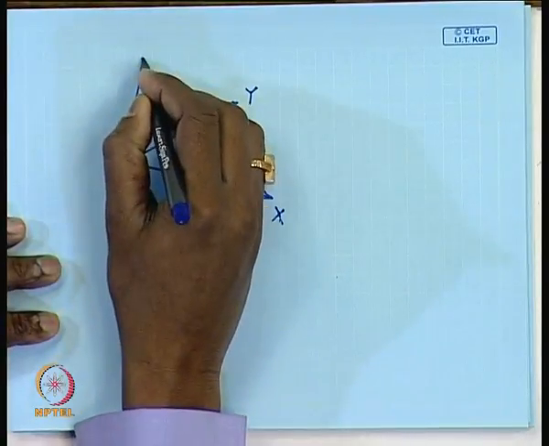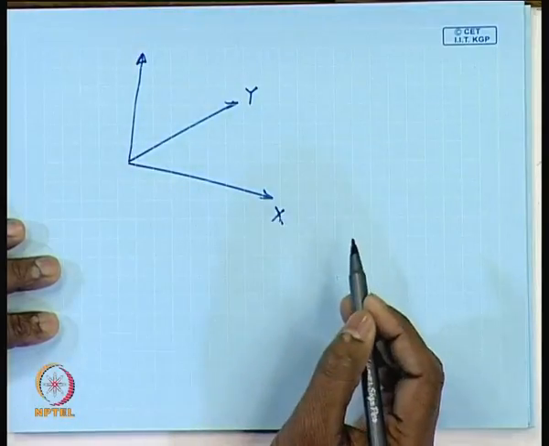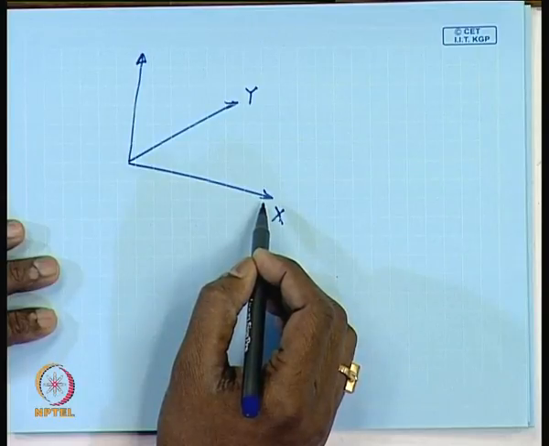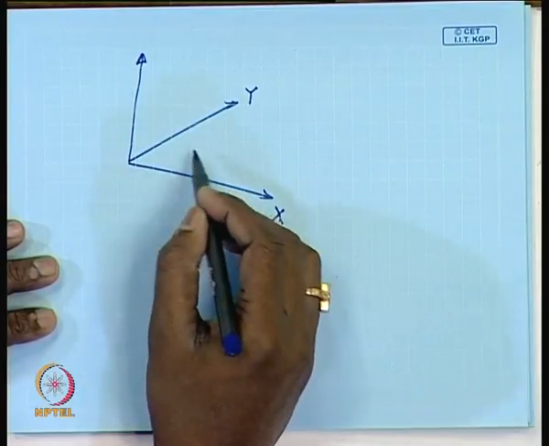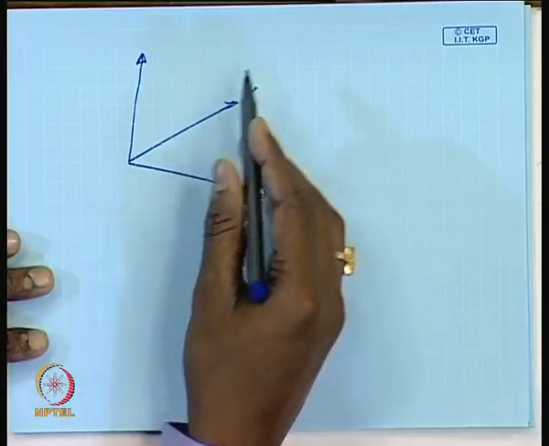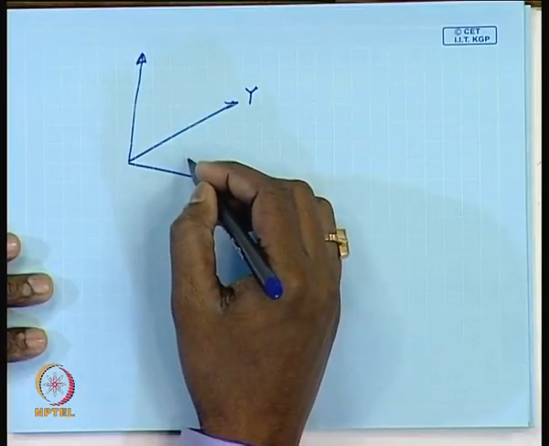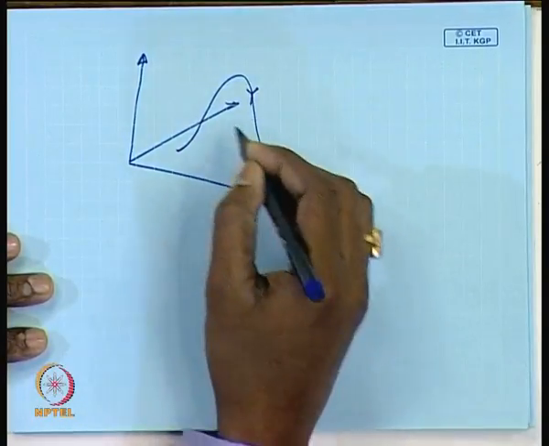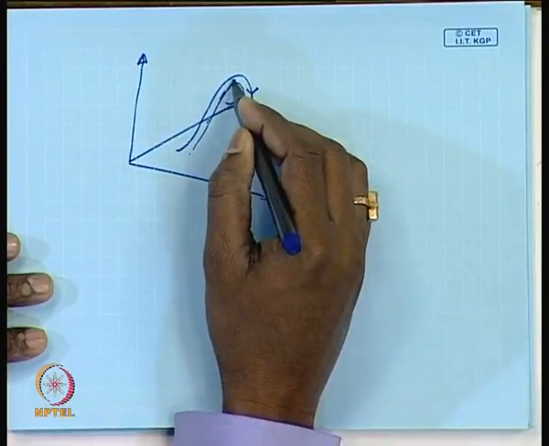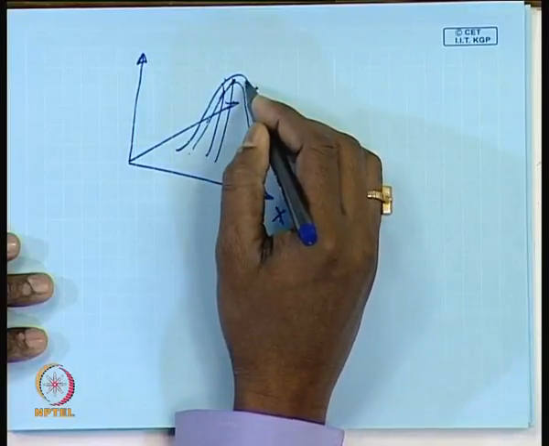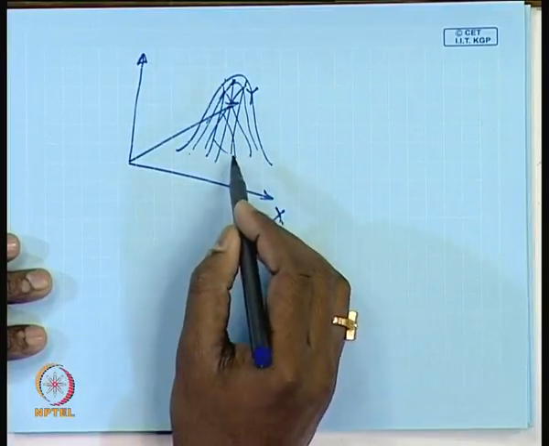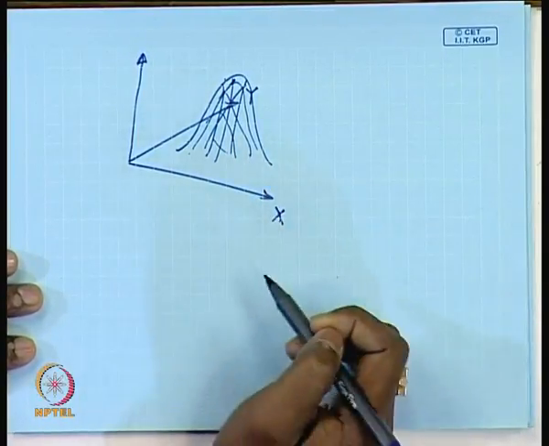Here these are the two axes for the two random variables, and depending on whether these random variables are discrete or continuous, we will get either the probability mass function concentrated at a particular point, or a three-dimensional surface kind of thing that we have seen earlier.